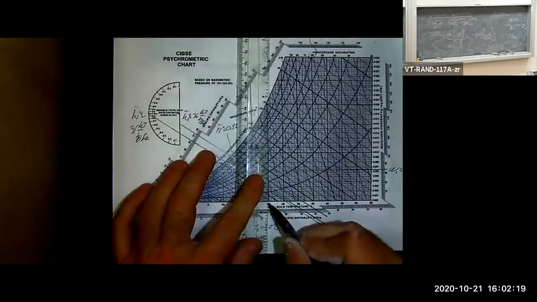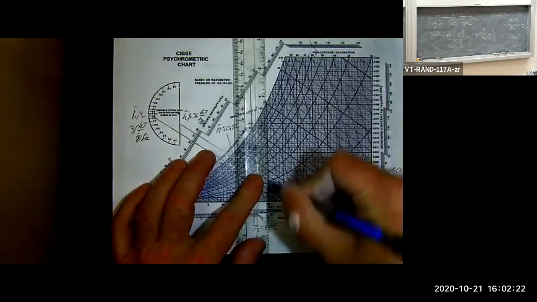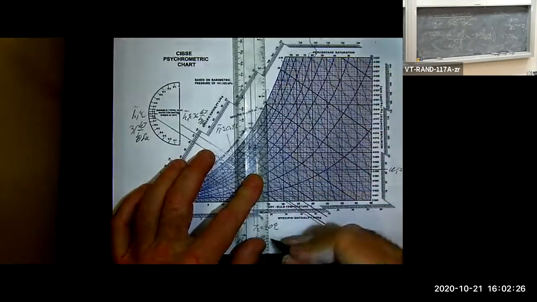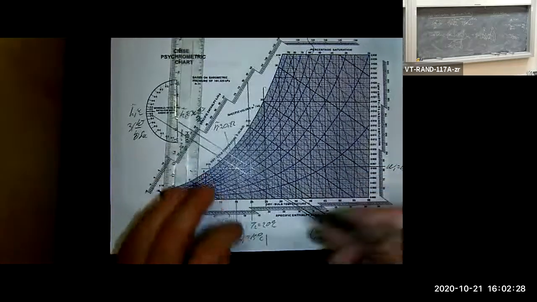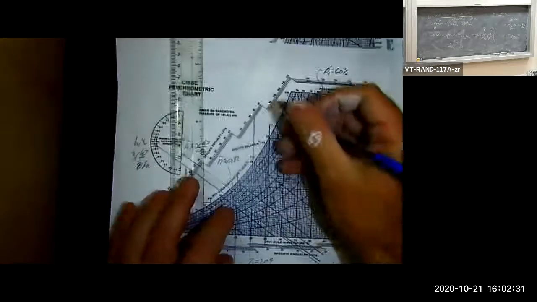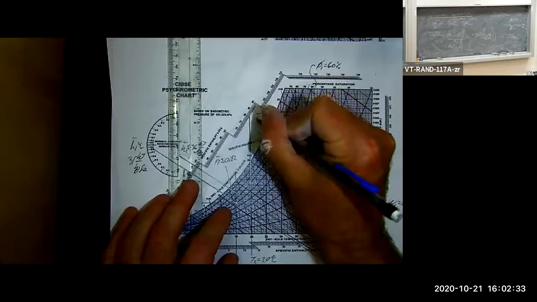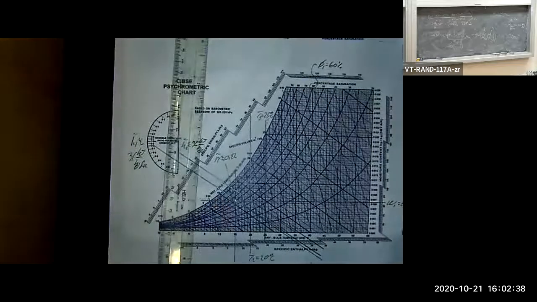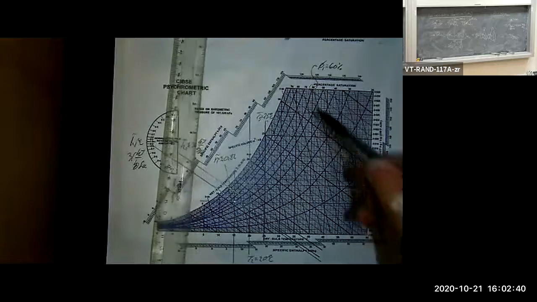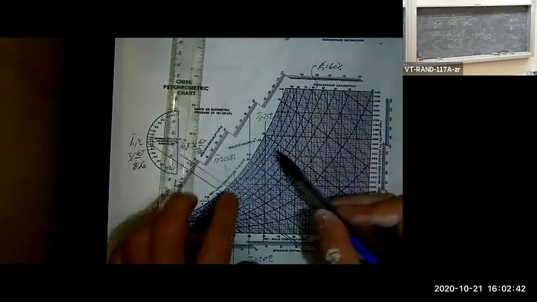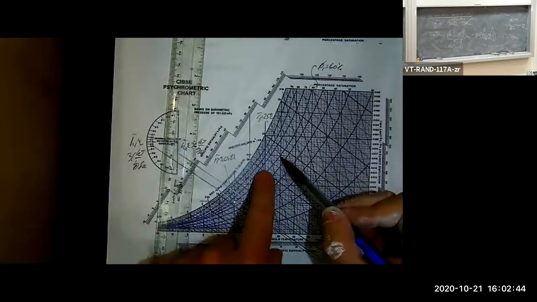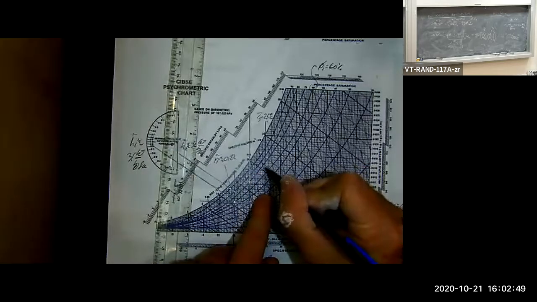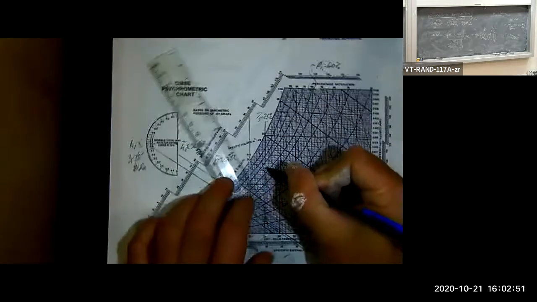Here's 25 degrees. Kind of running out of space here. T3, 25 degrees C, that's a dry bulb temperature. And then I have a relative humidity of 65%. Here's 60, here's 70. So it's right in between here somewhere, like right there.